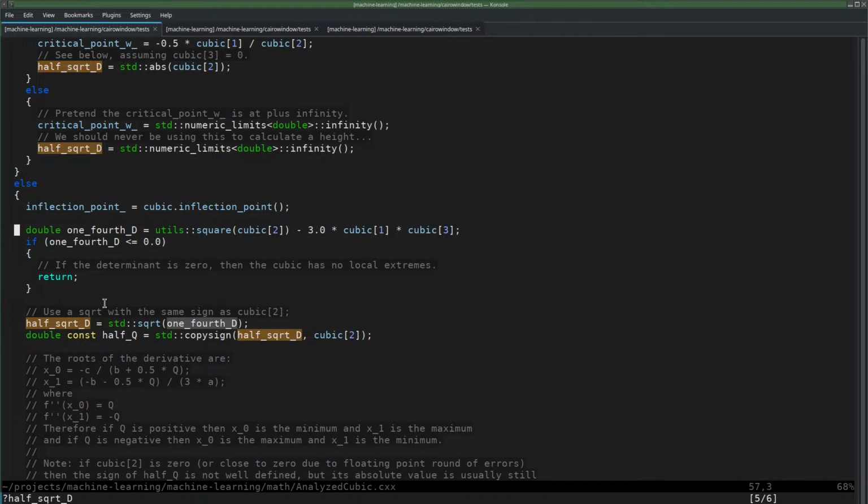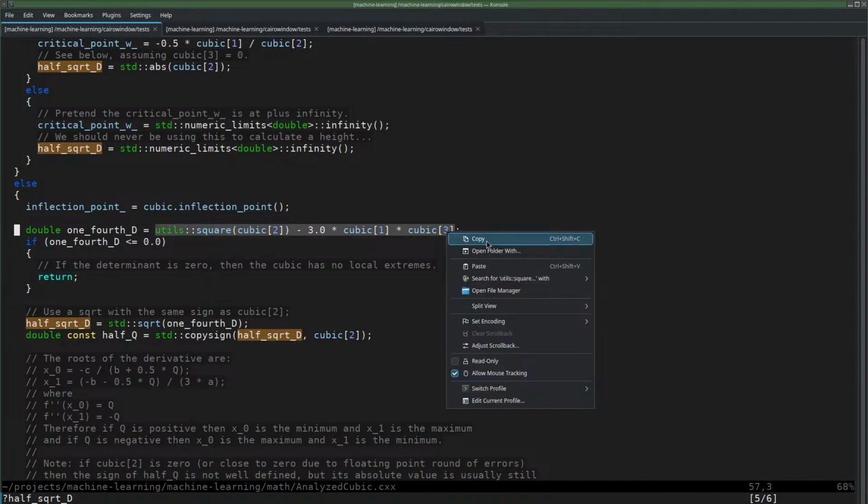Which means that not even equal actually, must be greater than 0. So we are going to say that this is greater than 0.